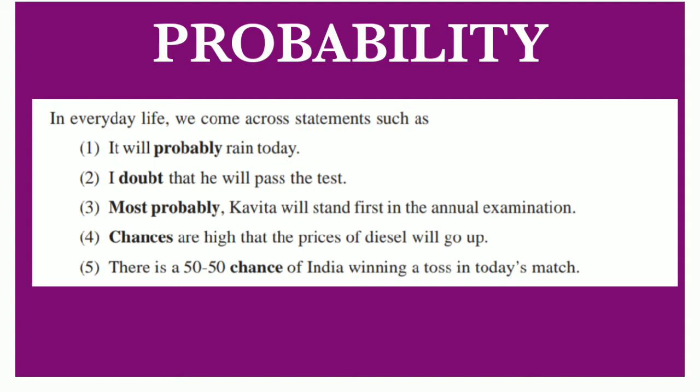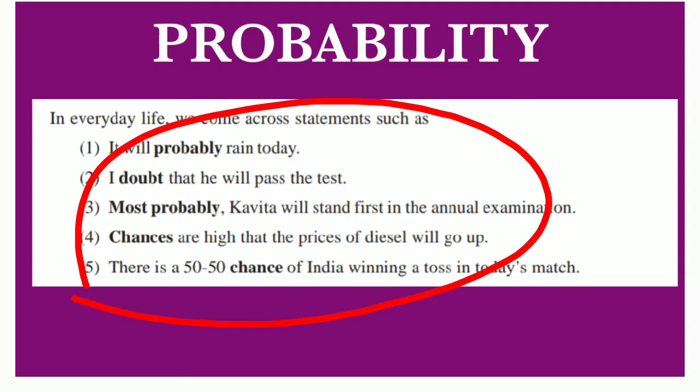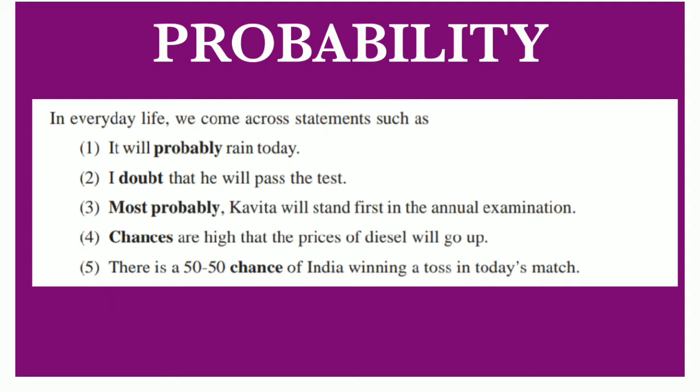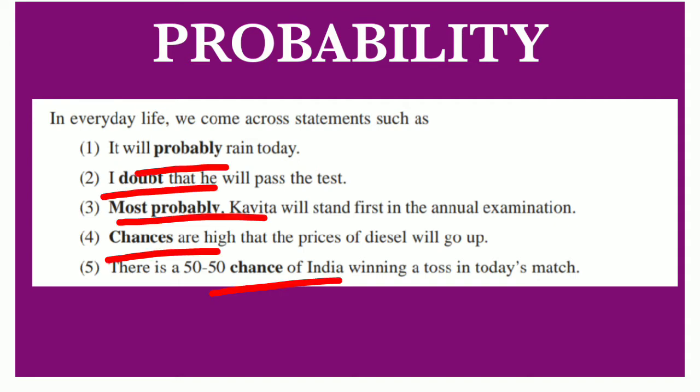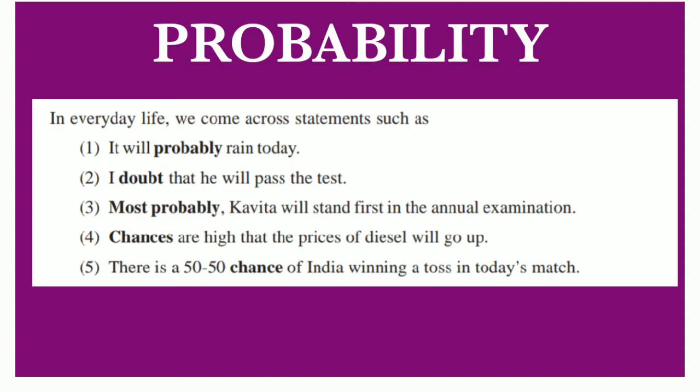These statements are very familiar in your day-to-day life. Then you can observe some words. What are the words? Probably, doubt, most probably, chances, etc. They are used in the statements above and involve an element of uncertainty.